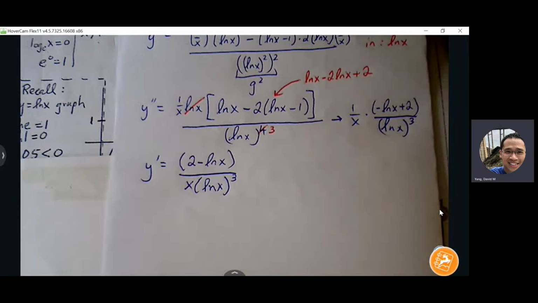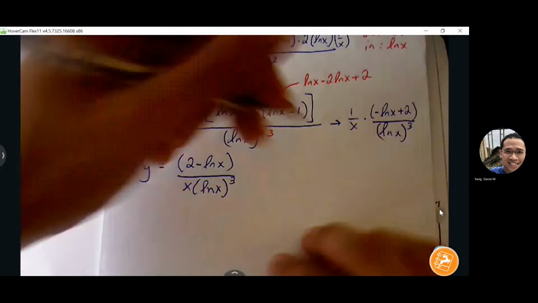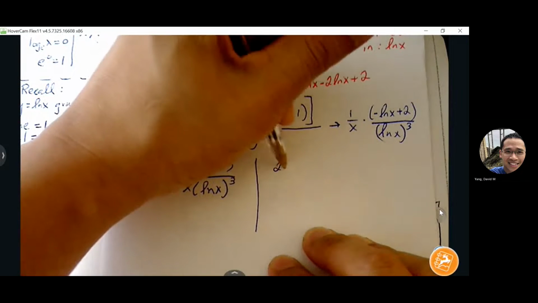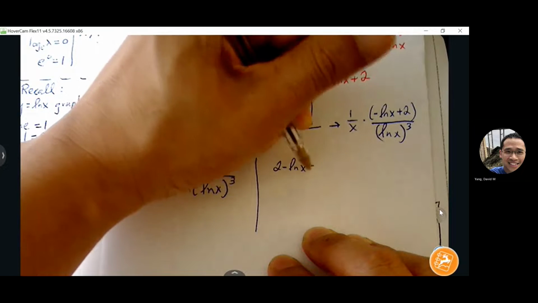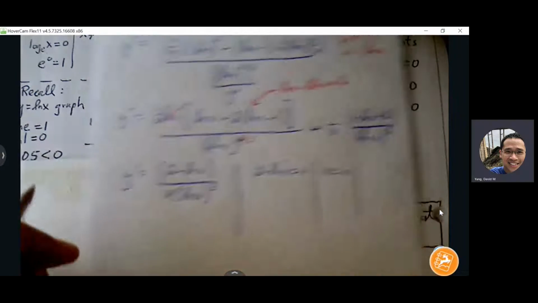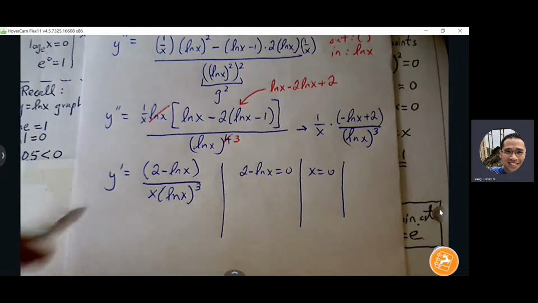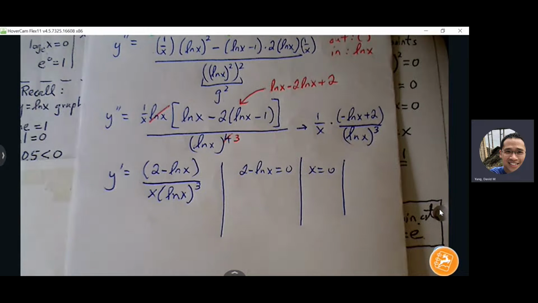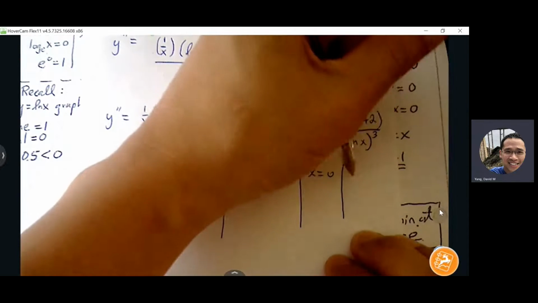All right, where do we look for critical points? Numerator and denominator, okay. So three things I can look for. The 2 minus natural log of x equal to 0, the x equal to 0, the natural log of x cubed equal to 0.